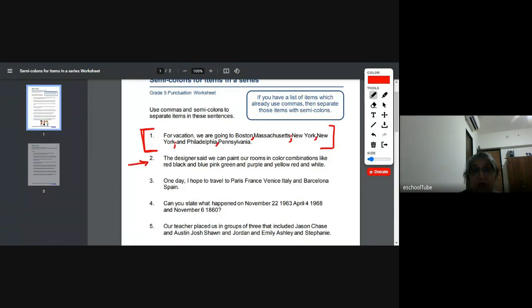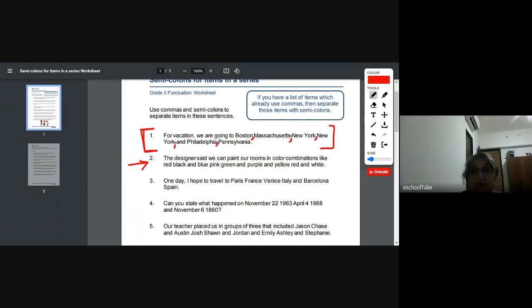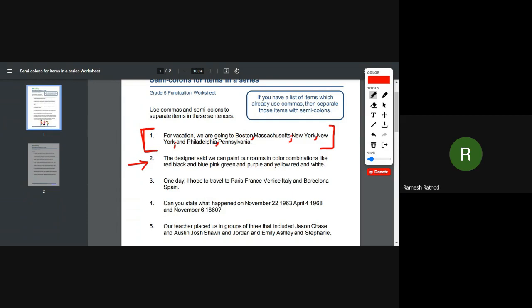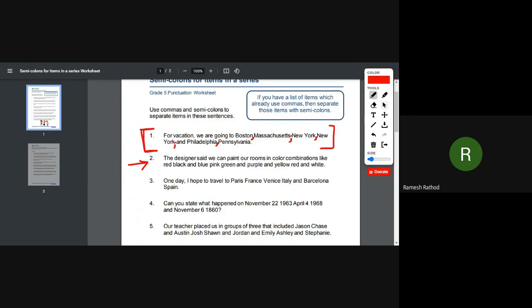Okay, now Rajveer, your turn. Read the second. The designer said we can paint our room each color combination like red, black, and blue, pink, green, and purple, and yellow, red, and white. Where will what go in this? Tell me.